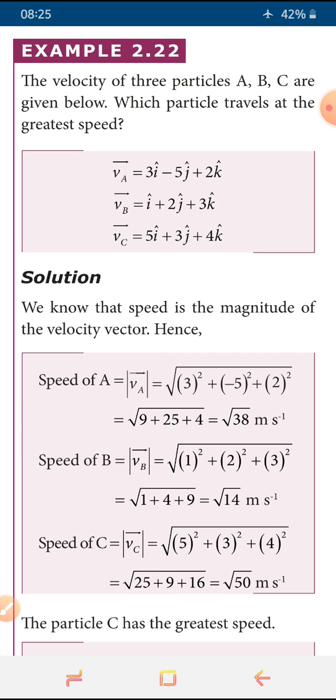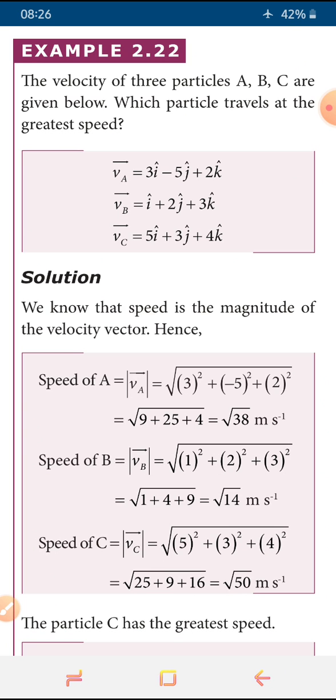And see the question. The velocities of 3 particles A, B, C are given below. Which particle travels at the greatest speed? This is the question. So A, B, C, 3 particles are given. So we will write the 3 particles: VA vector, sorry, it is given in the question, then VB vector, VC vector.